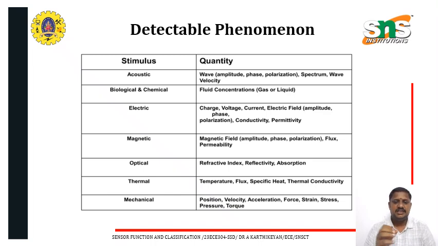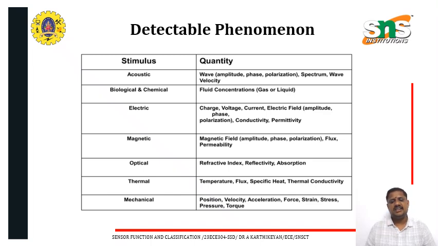What are the detectable phenomena? The stimulus is the detectable data. For acoustics, we detect amplitude, phase, and polarization. Biological or chemical stimuli may be gas or liquid. For electric, the stimulus is charge, voltage, current, and electric field. For magnetic, it is the magnetic field, amplitude, phase, polarization, and flux.